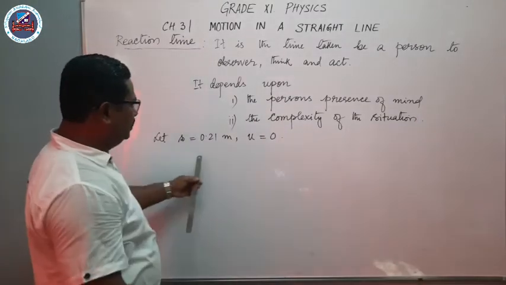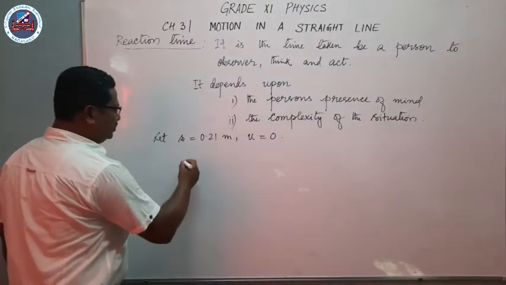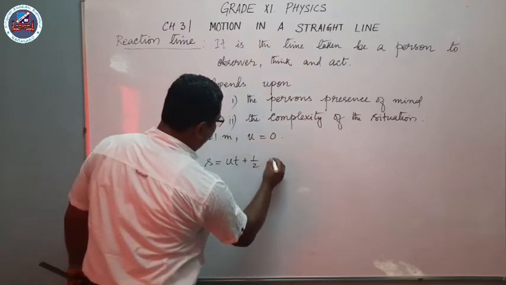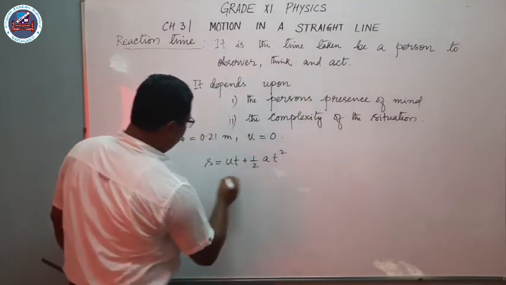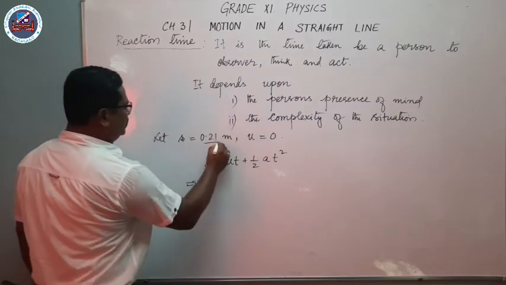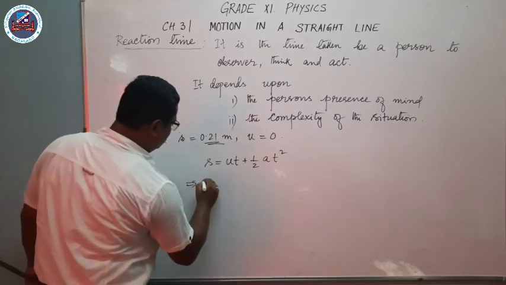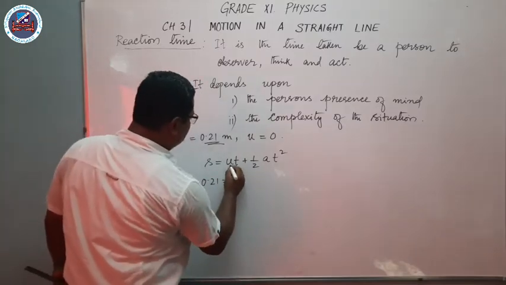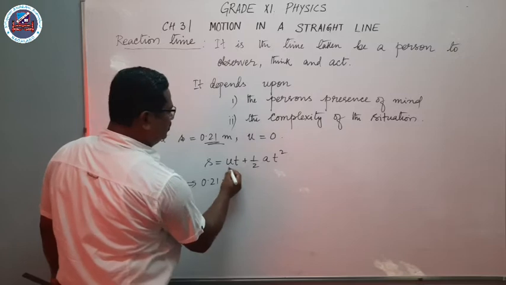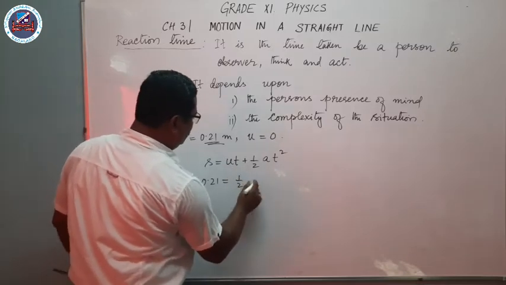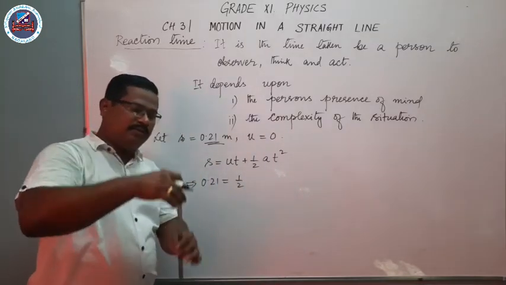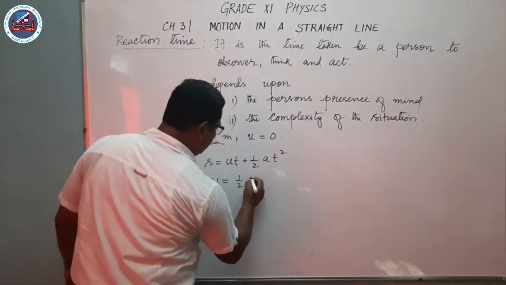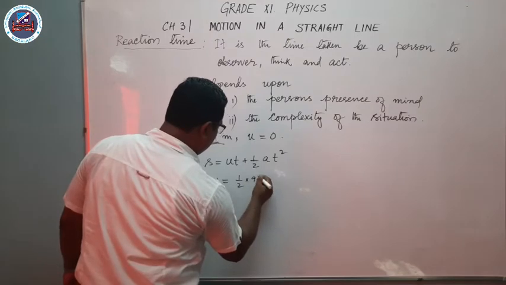So if you know these values, you can find out the reaction time using the relation S is equal to ut plus half of at squared. Displacement, suppose it is 0.21 meter. Then initial velocity is 0, so this term will become 0. Half of, the object is falling freely under the action of gravity, so plus g, you take towards gravity, falling 9.8 or say 10.